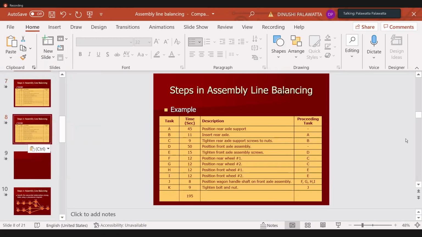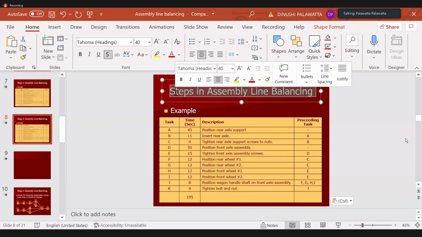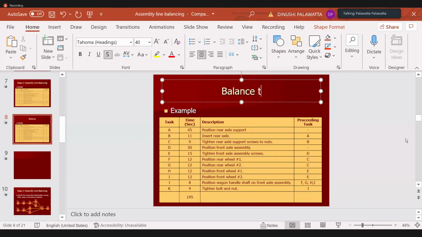3 workstations. So then how do we do this?